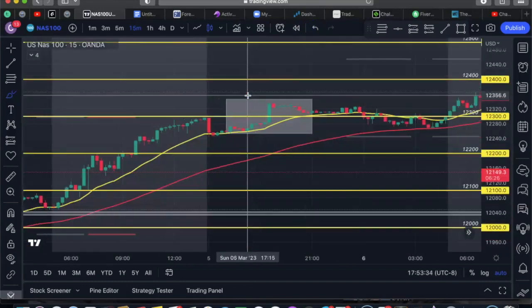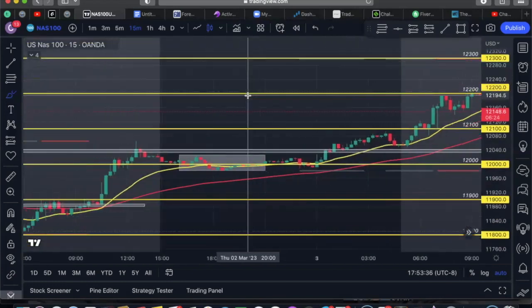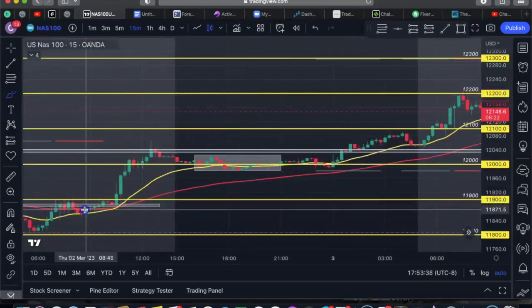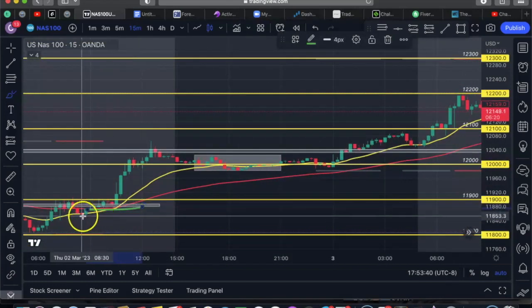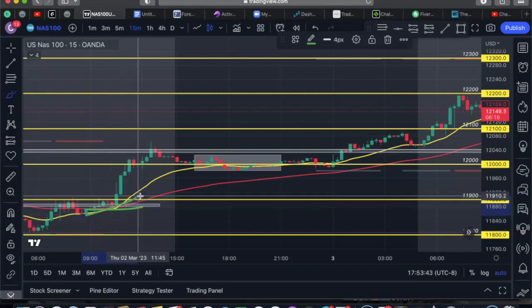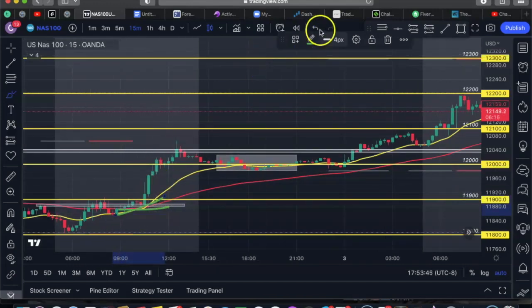But when we see the 66, let me find a good example. When we see the 66 cross under the 20 EMA like we did right here, that is signaling a very good buy. So it's not like we see the 66 crossing the 20 and that's an instant buy. We want to see some type of confirmation candle tell us, okay, price is going to start pushing up. Price is going to start pushing down.